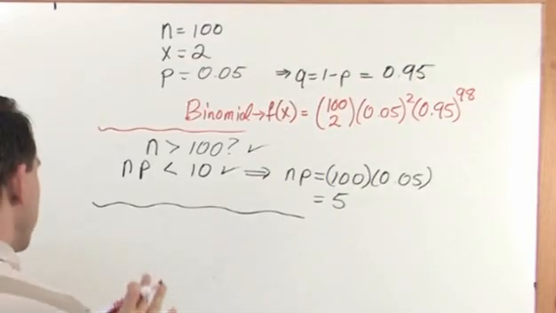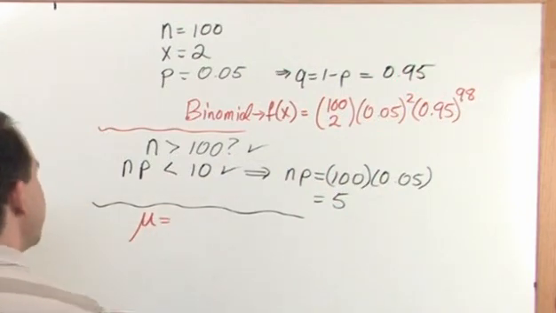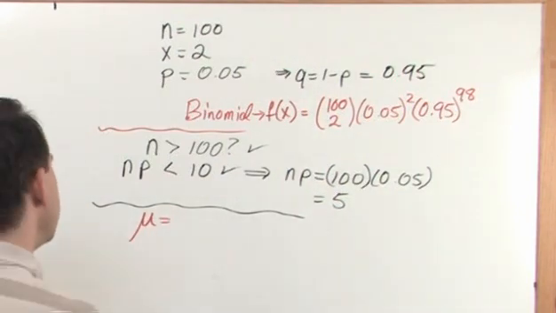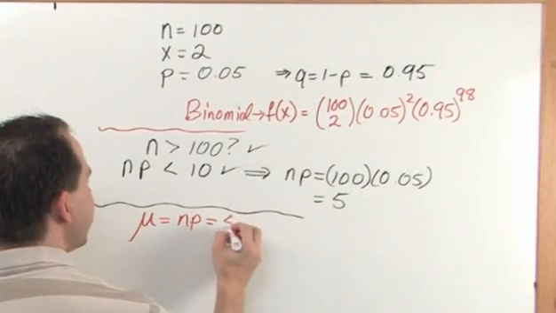In order to use a Poisson, we have to have a mean, and the mean that you use is n times p, which we just calculated, which is 5.